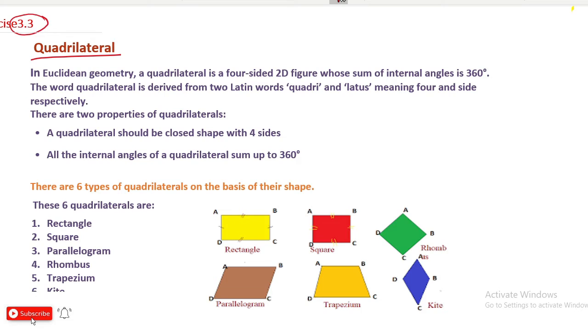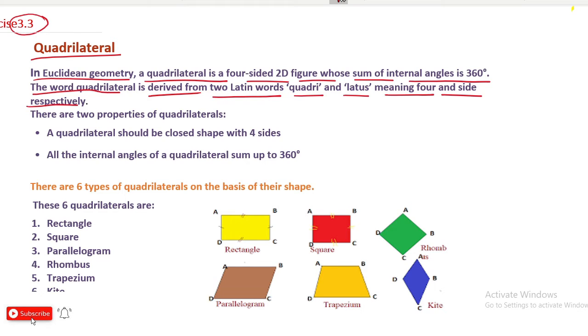Quadrilateral in Euclidean geometry. In Euclidean geometry, a quadrilateral is a four-sided 2D figure whose sum of internal angles is 360. The word quadrilateral is derived from two Latin words, quadri and latus, meaning four and sides respectively.